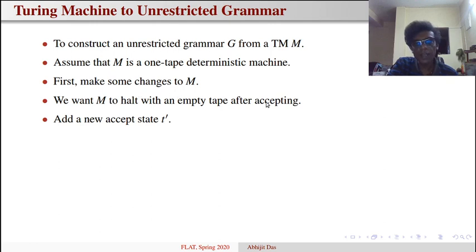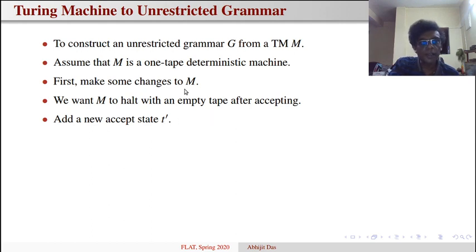Okay. Only after accepting, M has an urge to clean its tape and then halt. So how can I convert some M to this M prime, so that this condition is satisfied? It's pretty straightforward. Add a new accept state T prime.